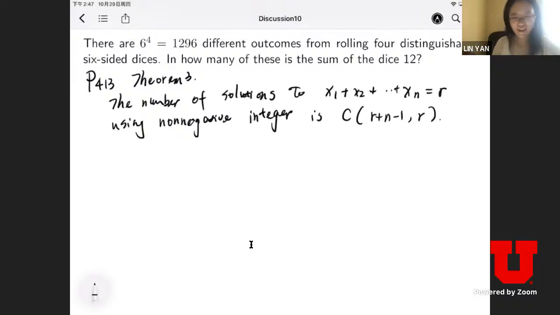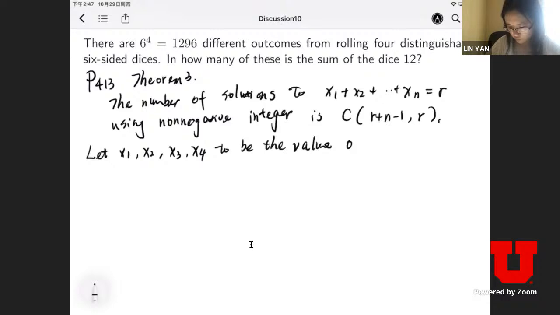Okay, this problem is a little difficult, so I will give you another hint. We need to rewrite the requirement of this problem in a more mathematical way. We can let x1, x2, x3, x4 be the values of the vertices.